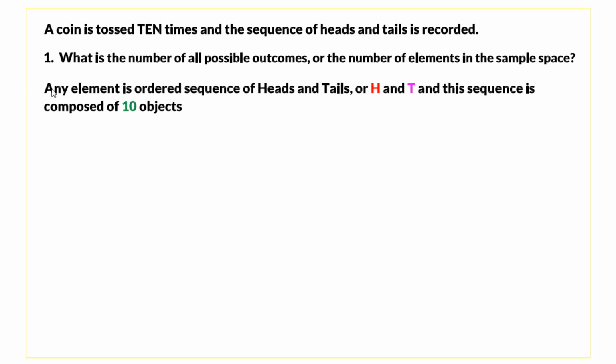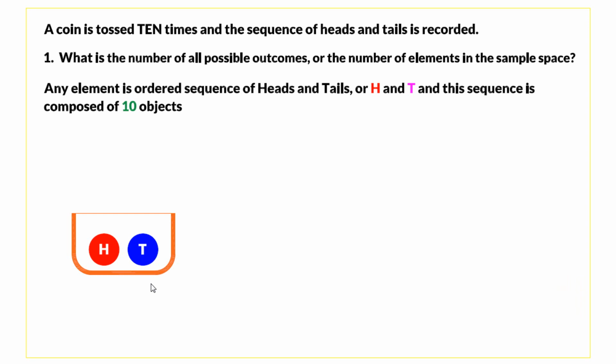We know that any element is an ordered sequence of heads and tails, and this sequence is composed of 10 objects. Each time we toss a coin, we either get head or tail. So this problem is equivalent to withdrawing a ball named H or T out of this urn and replacing it.